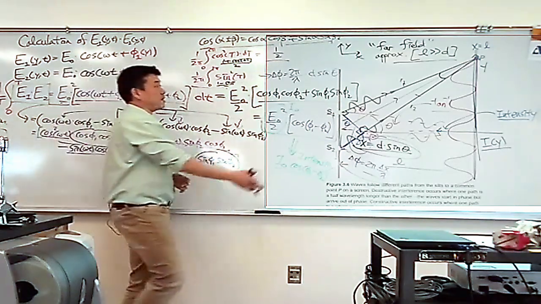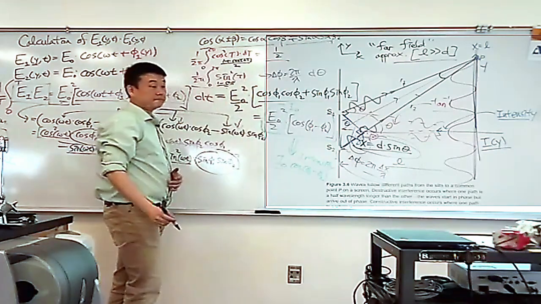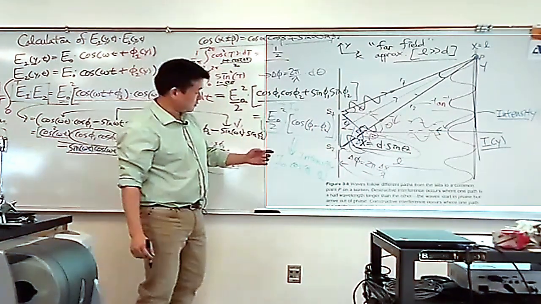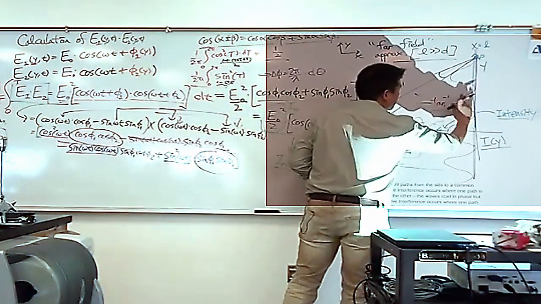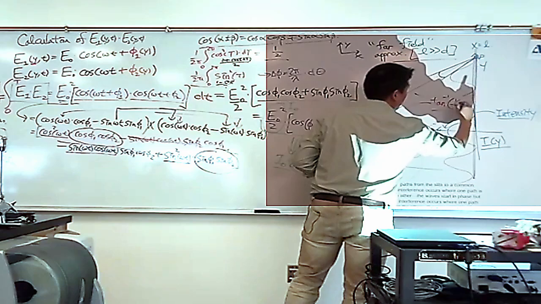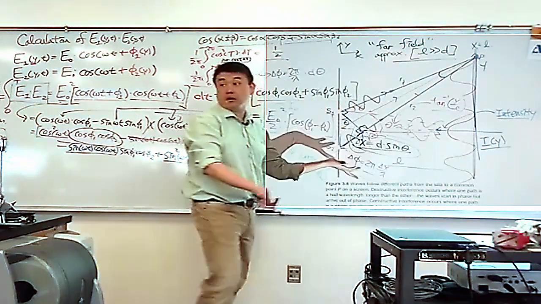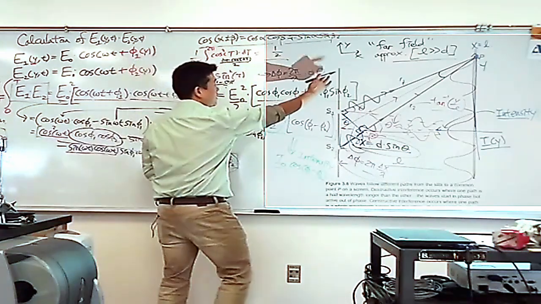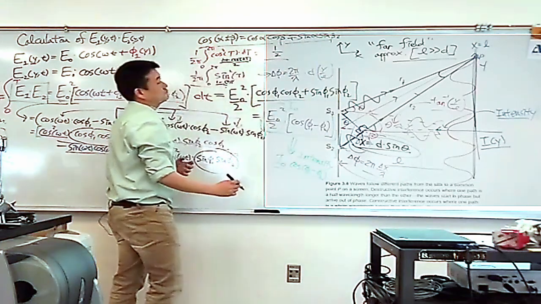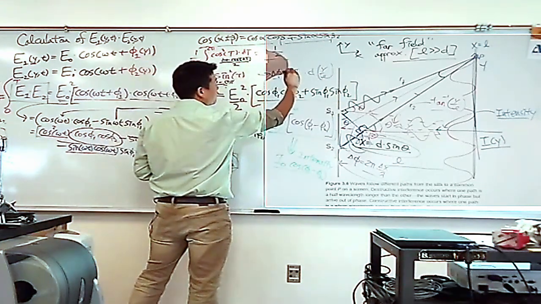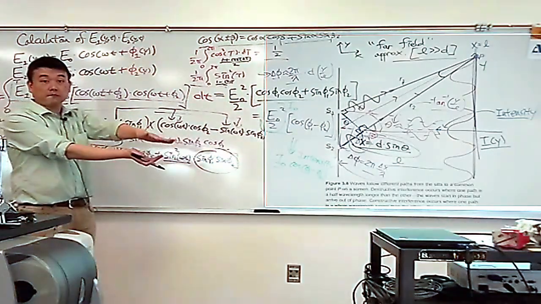And with a small angle approximation, sine theta becomes theta. And you can express theta, which is arctangent of y over L, as approximately just y over L under small angle approximation. So this theta would be simply y over L.